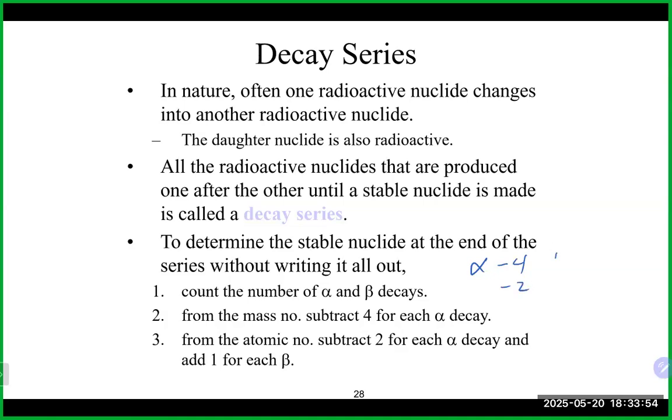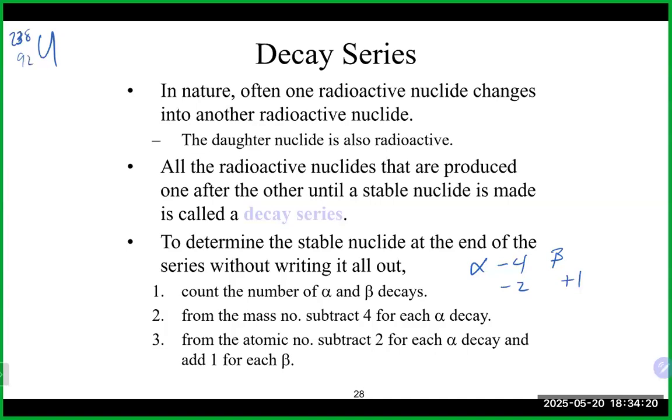And for every beta, you add 1 back to the atomic number. So, for example, if we take a look at uranium-238, and obviously from the periodic table we could get 92.